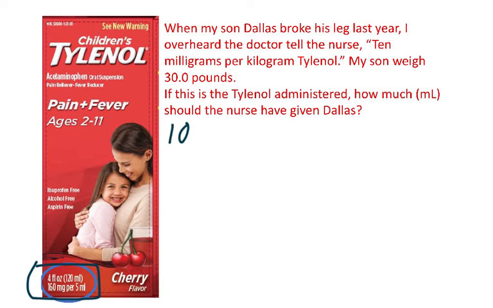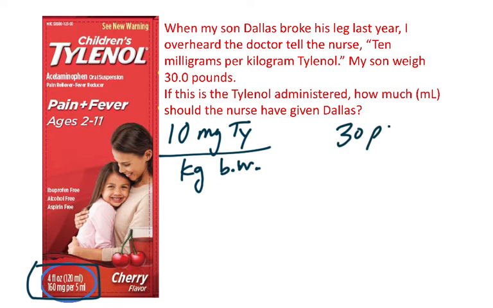All right, we said 10 milligrams of Tylenol per kilogram of what? Well, this would be per kilogram of my son's body weight. So we have 10 milligrams of Tylenol per kilogram, and he weighs 30 pounds. So we need to convert that into kilograms, right? And then for every kilogram, we get 10 milligrams of Tylenol.